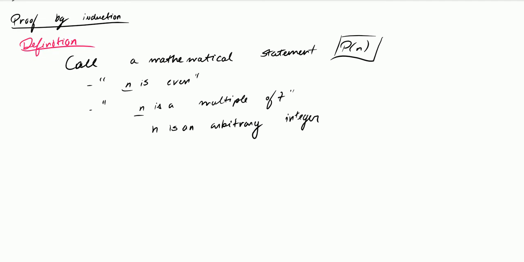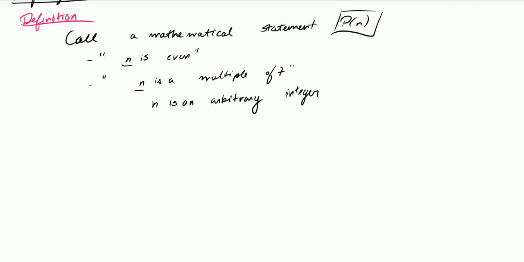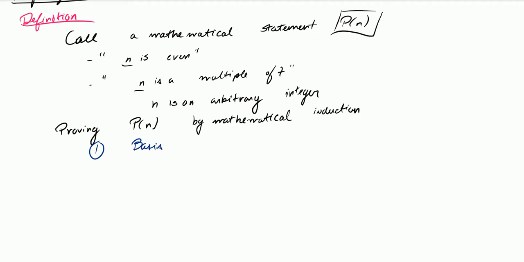So it's basically any mathematical statement. There are two steps to proving Pn by mathematical induction. Step 1 is called the basis step, or basis case. Doesn't really matter.